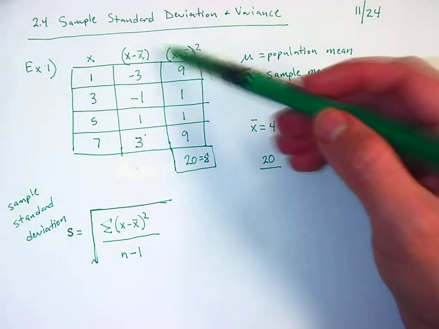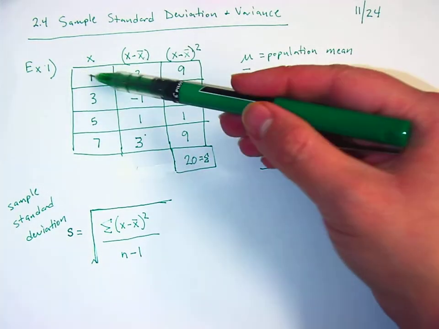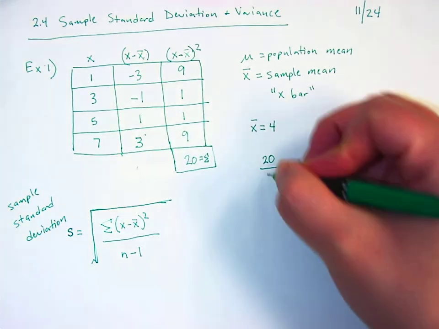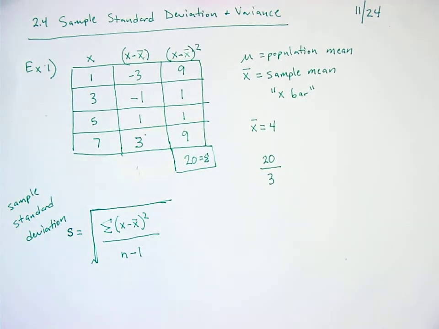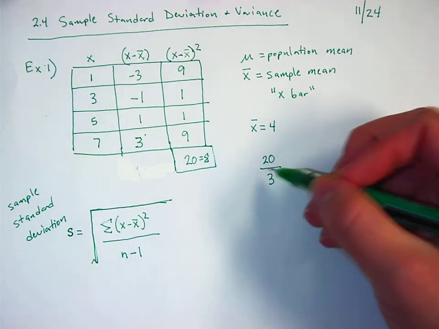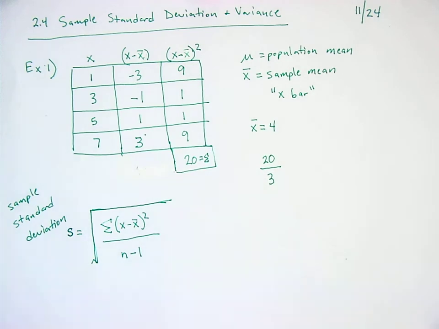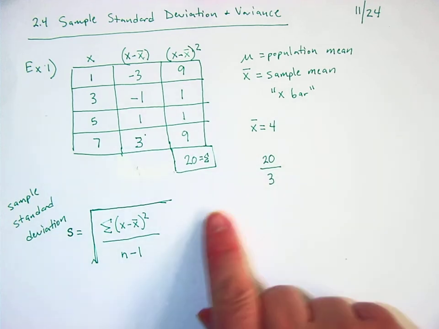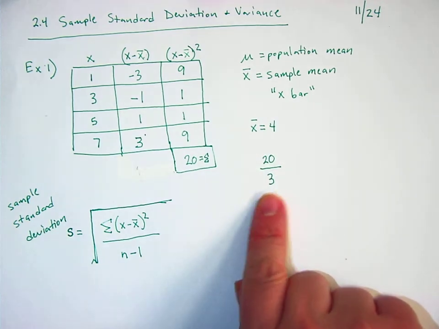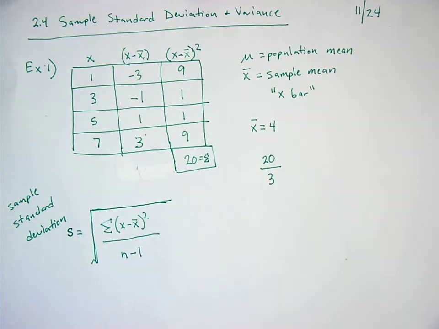So on this one, you see how we had 4 data points. Normally I'd divide by 4 here, but instead we're going to divide by 3. If I divided by 4, I would have gotten 5, but if I take 20 divided by 3, I get 6 2/3. So basically, it's accounting for the fact that there are probably not outliers in this data.